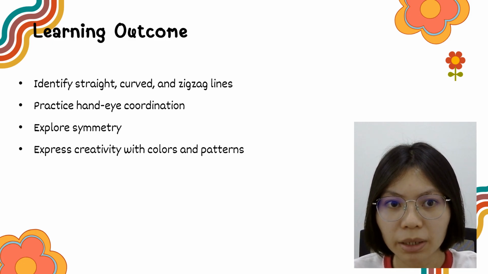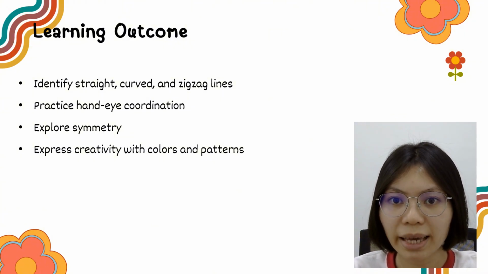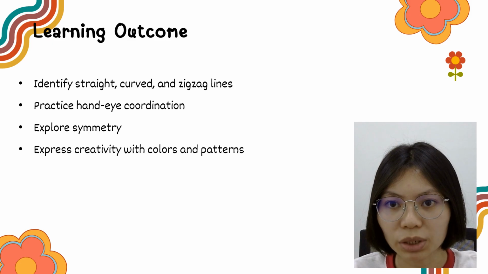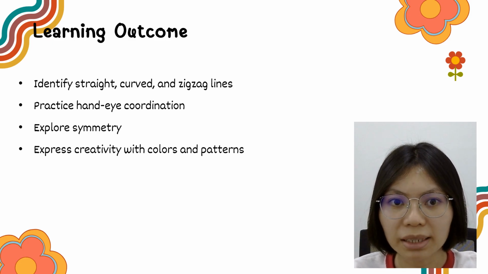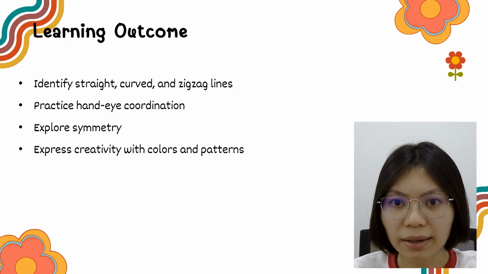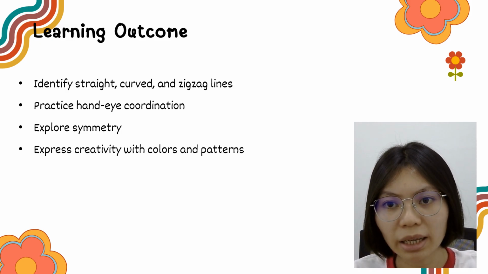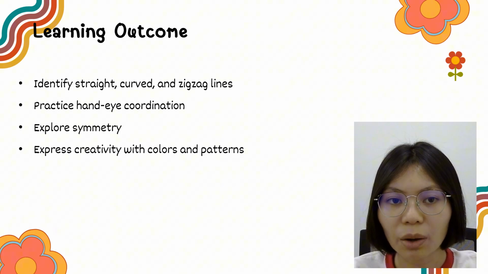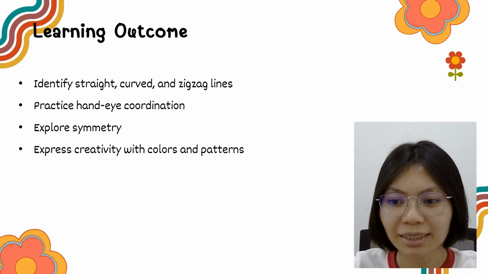By folding the paper to create symmetrical designs, children will also gain an understanding of symmetry and how mirror patterns are formed. Additionally, this activity encourages creativity and imaginative expression, allowing children to experiment with line placement, colors, and patterns while enjoying the magic of their own artwork.